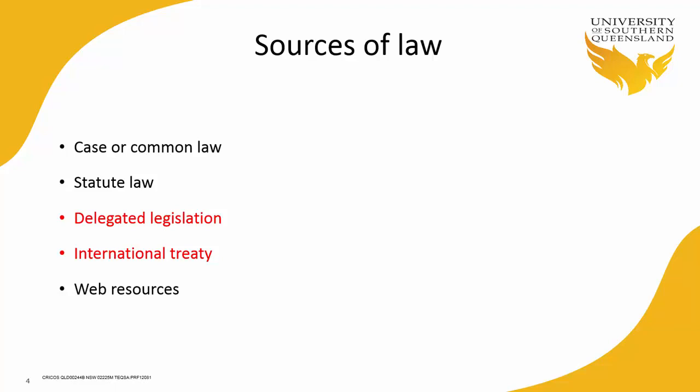And you are given a number of web resources, in particular the Commonwealth Government site comlaw.gov.au, which provides you access to current Commonwealth and territory statutes, regulations, government reports, Hansards, and current bills.